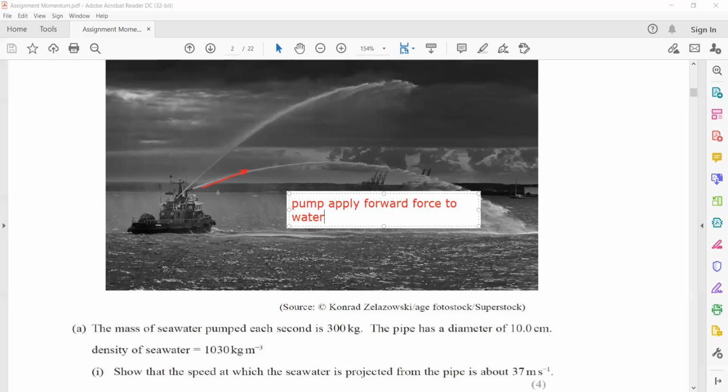So as the pump is applying a forward force to the water, by Newton's third law, the water will apply an equal force but in the opposite direction.